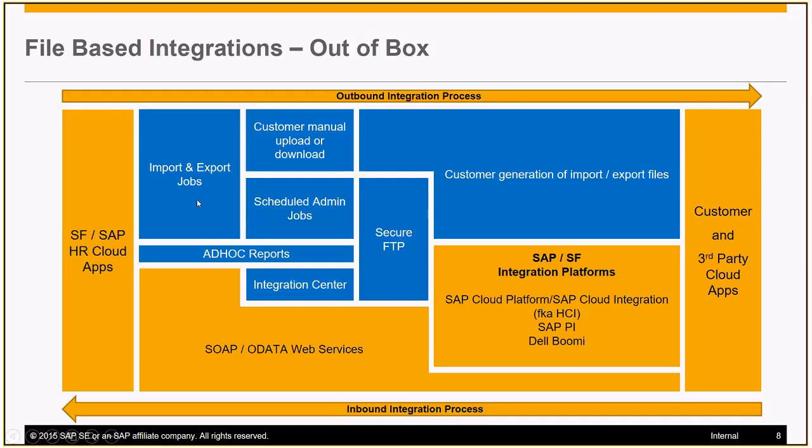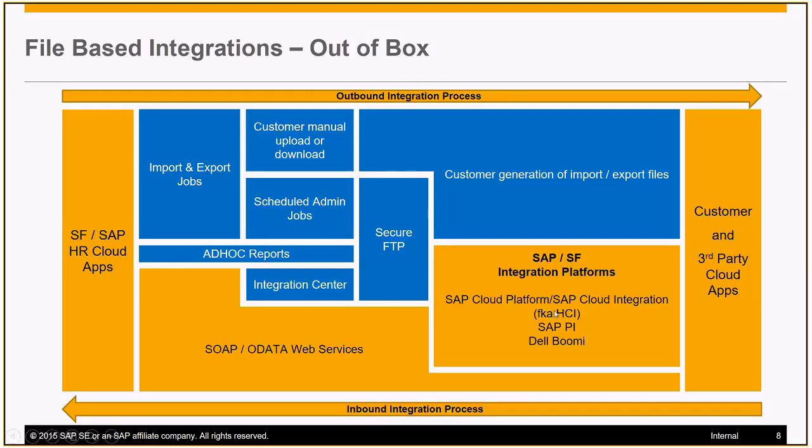Now, the stuff in the blue is mostly just plain CSV files. We can also use Integration Center for that. We'll talk about Integration Center in a bit. It's a little more sophisticated than simply saying that it's available for exporting CSV files. We'll get to that in a minute.